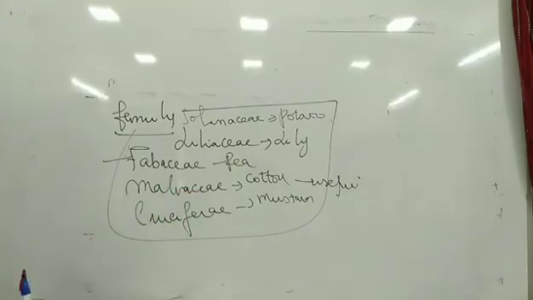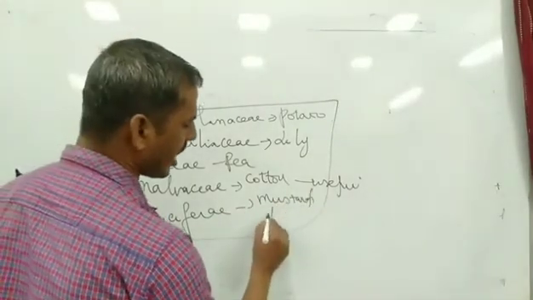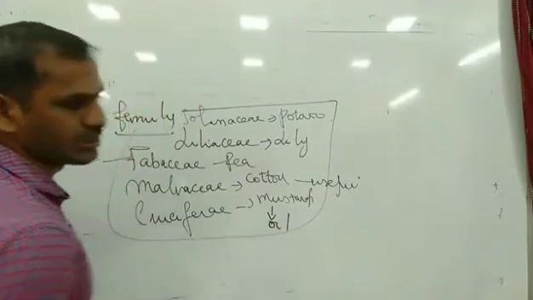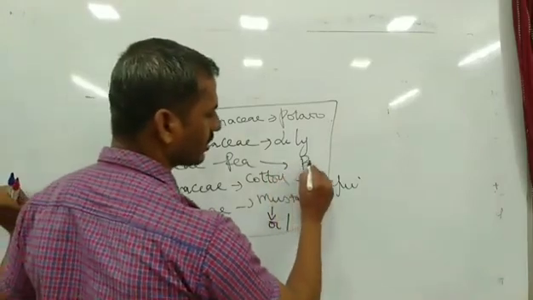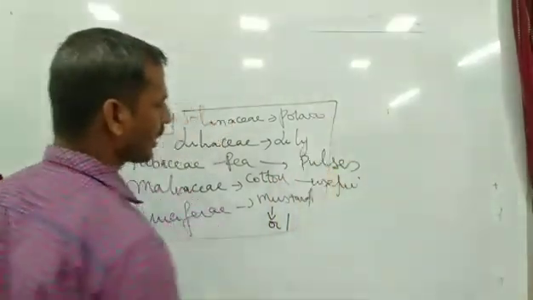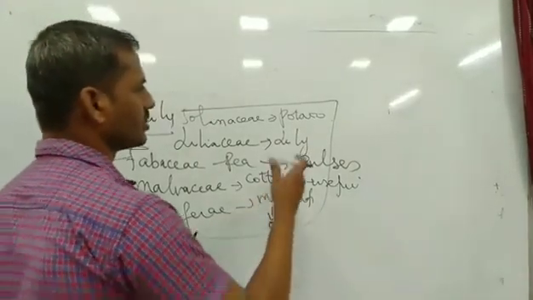Cruciferae, mustard, is used for oil preparation. Liliaceae is used as cereal and flowers.